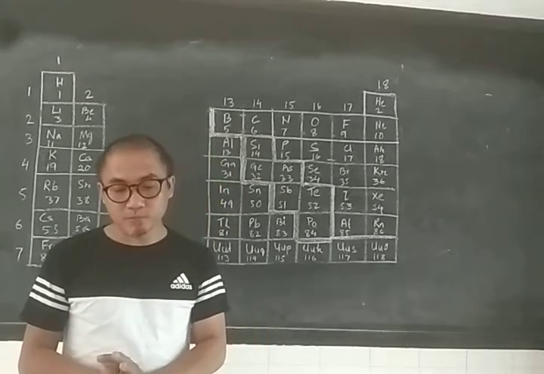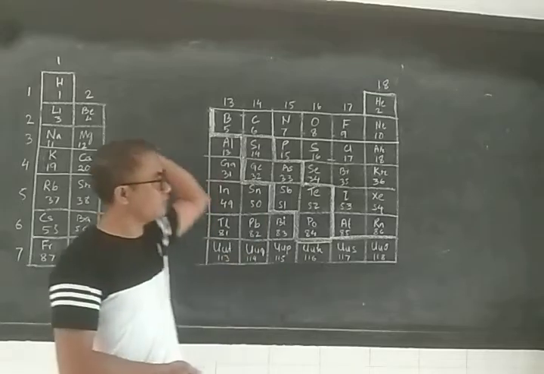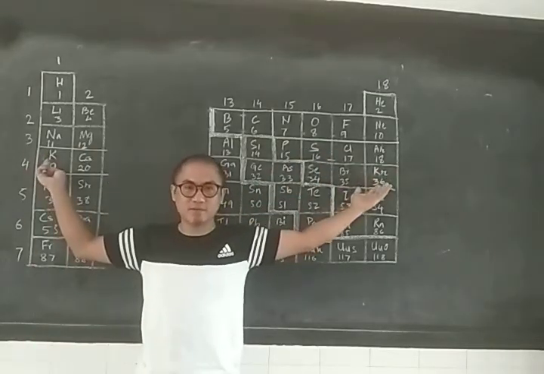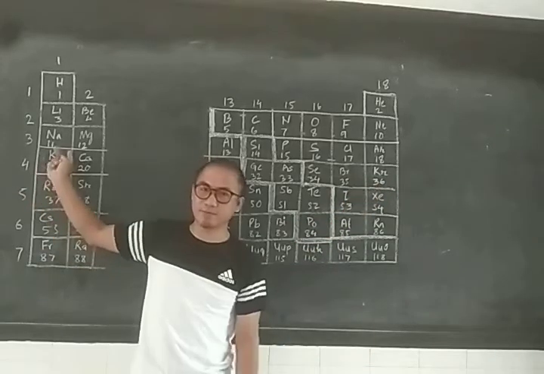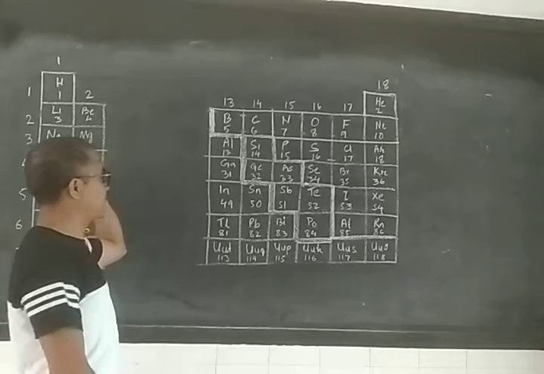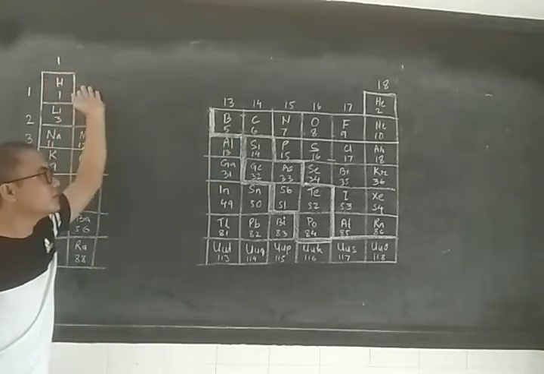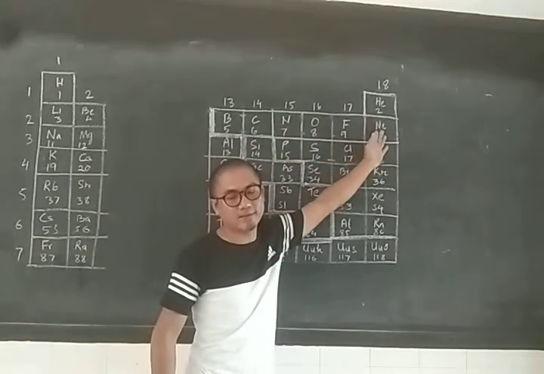As we move from left to right, what happens to the elements here? The first thing we will study: as we move from left to right, the first is number 1, 2, 13, 14, 15, 16, 17, and 18.